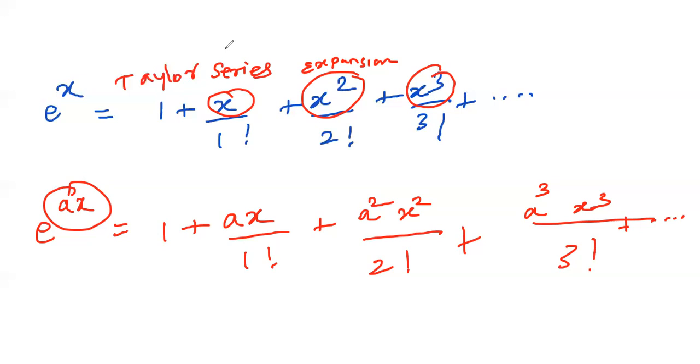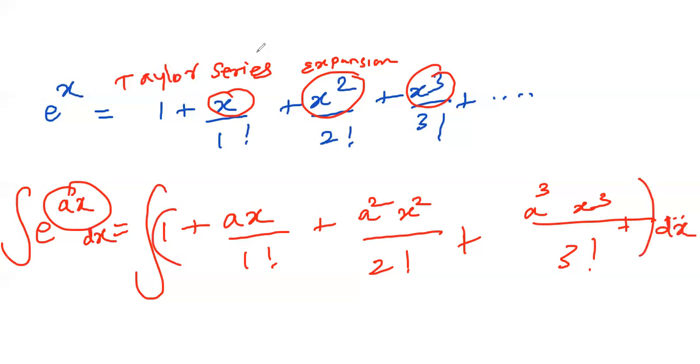So in our integration, we were integrating e power ax, right? So you need to integrate this entire Taylor series. What is the integration of 1 with respect to x?